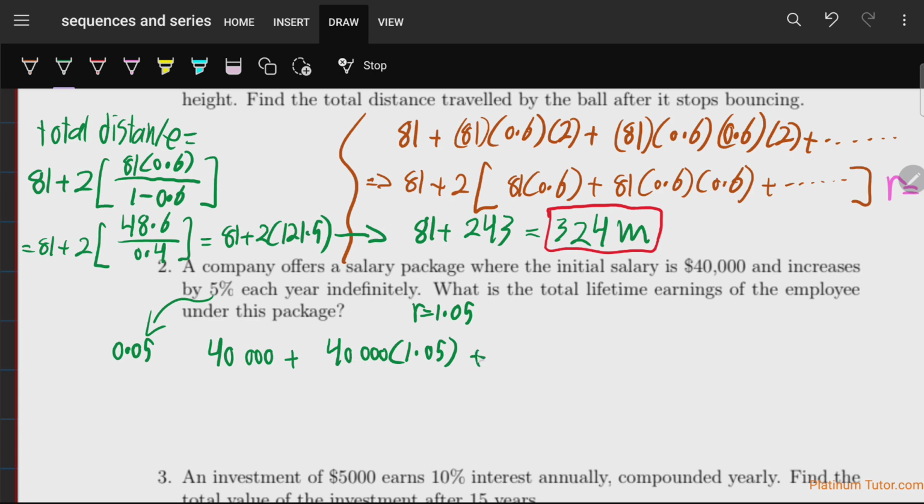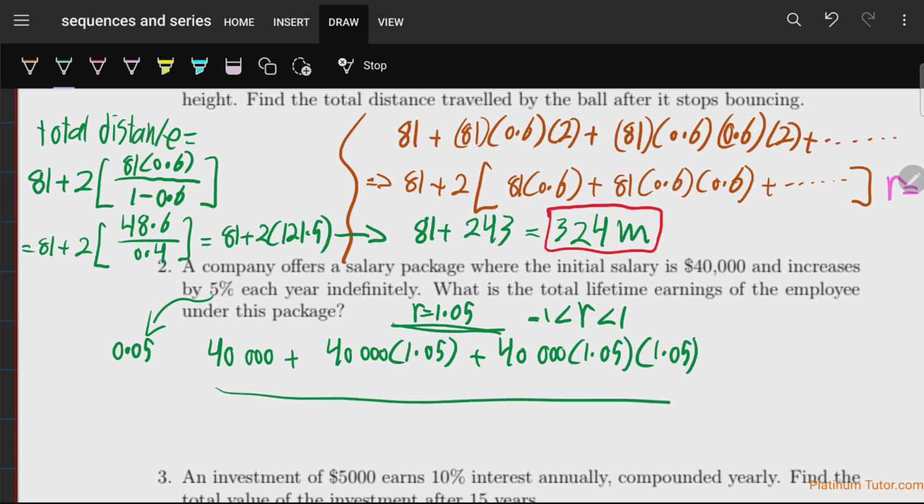Okay, and we can confirm this. So what's the salary going to be the next year? It's going to be the value we had the previous year, the 40,000 times 1.05 times another 5% increase, so 1.05 again. All right, this R is outside the range of -1 to 1. So this series isn't convergent. Okay, it's actually divergent, meaning it goes out to infinity.